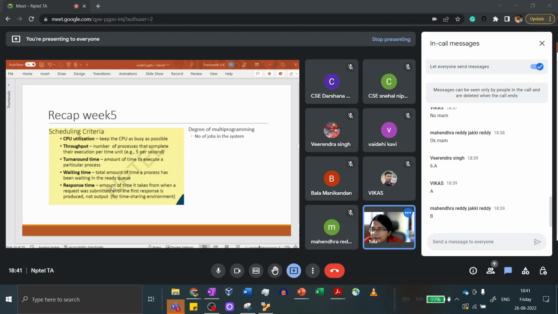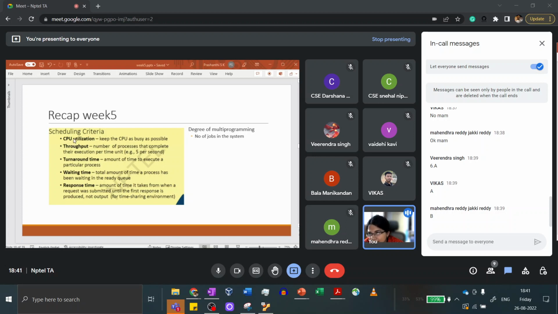Response time is the amount of time it takes from when a request was submitted until the first response is produced. This first response need not be output, right? It can just be one part of the output or some response that comes back, right? And that is another measure of time that can be used for optimizing scheduling.